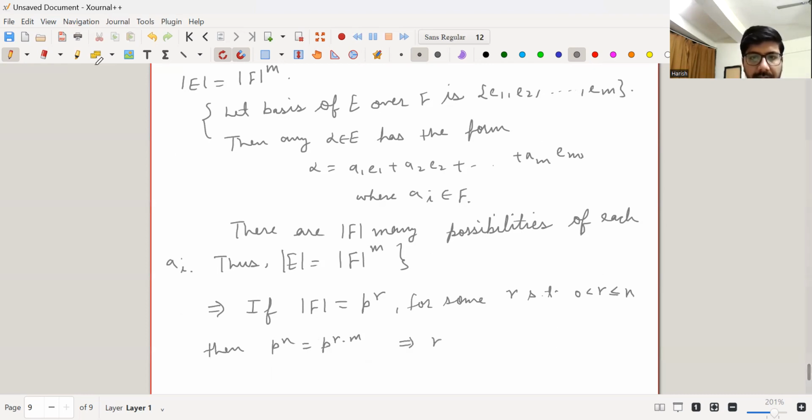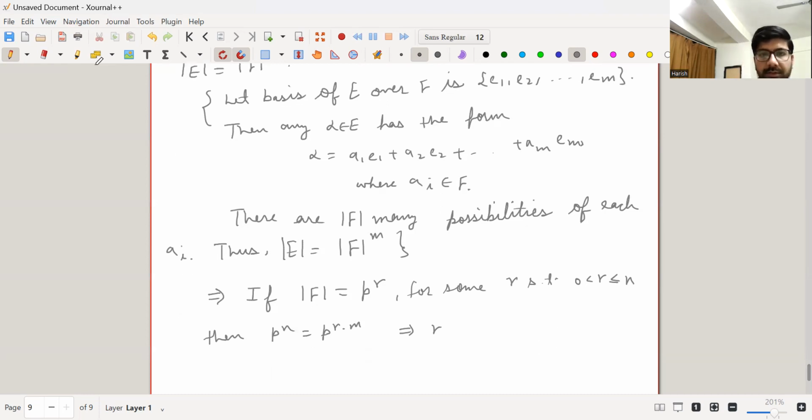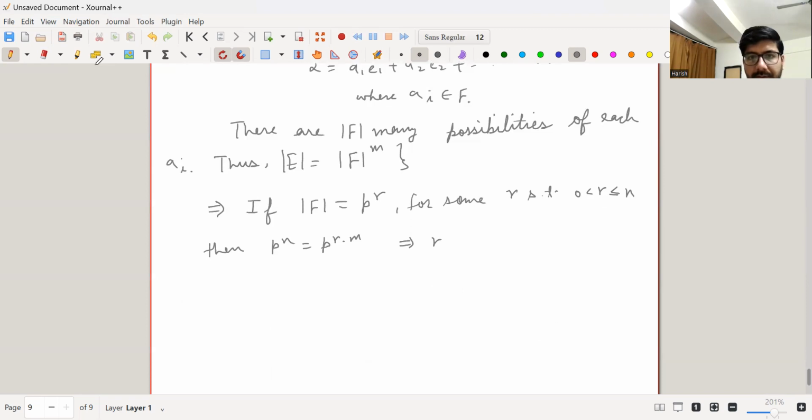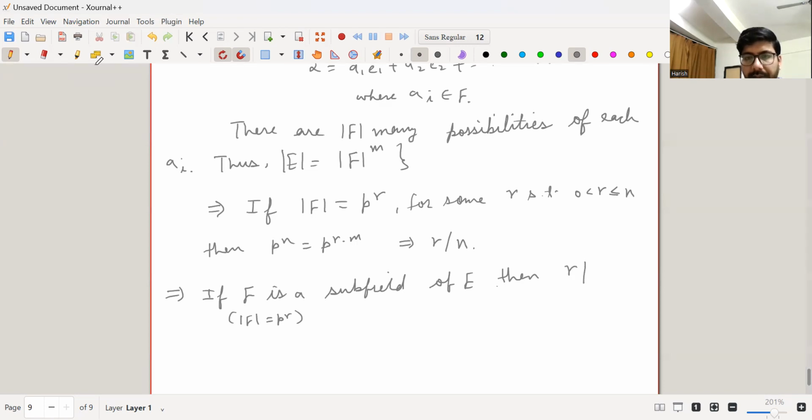This implies r divides n. So if F, with mod of F equal to p raised to r, is a subfield of E, then r must be dividing n.